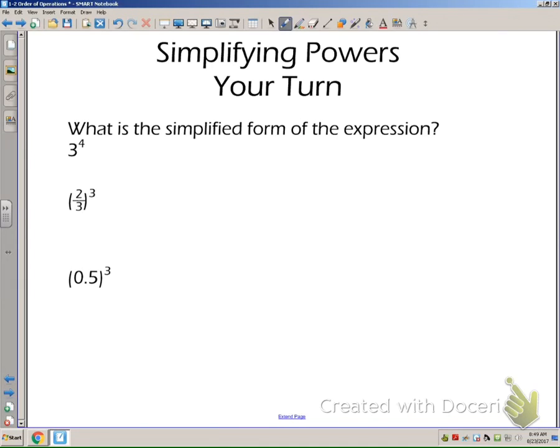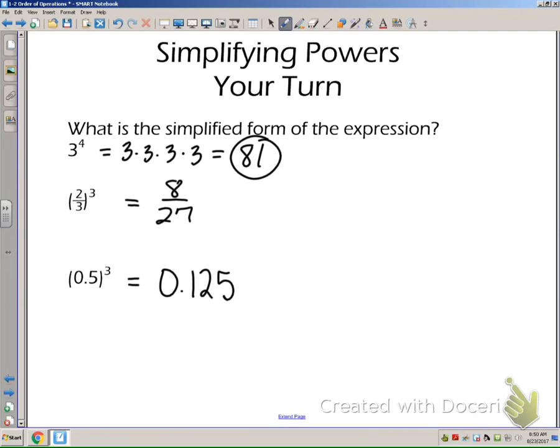Okay, so what I want you to do is pause the video and go ahead and try this. What is the simplified form of the expression 3 to the 4th power, 2/3 to the 3rd power, and 0.5 to the 3rd power? When you simplify them, you will find the answers to be 81, 8 over 27, and 0.125.